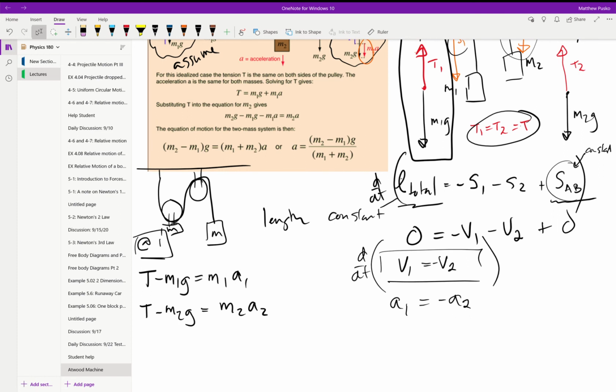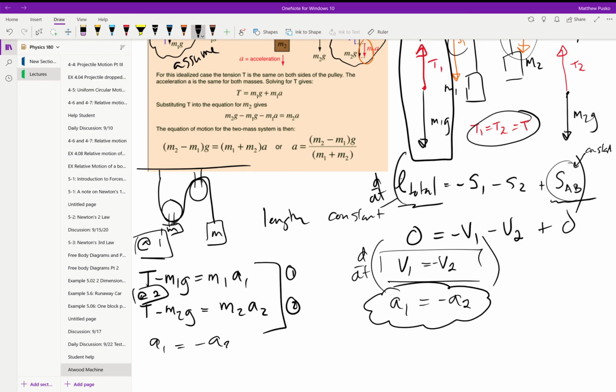Now we have the forces on 1 and on 2 and the accelerations. Let's call these equations 1 and 2, and we can use this last relationship, A1 is equal to minus A2. Call that equation 3.